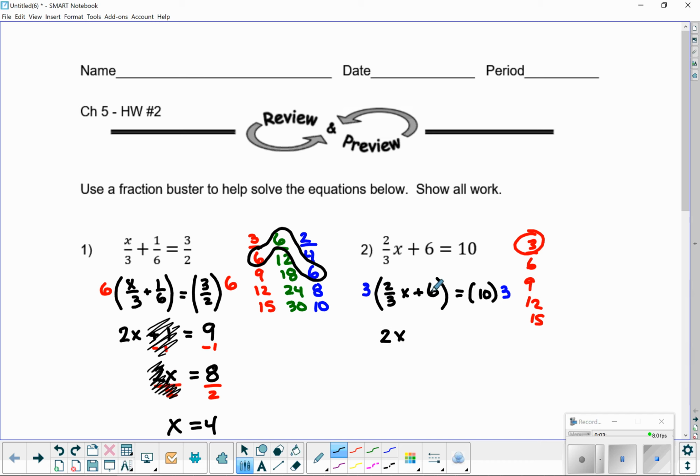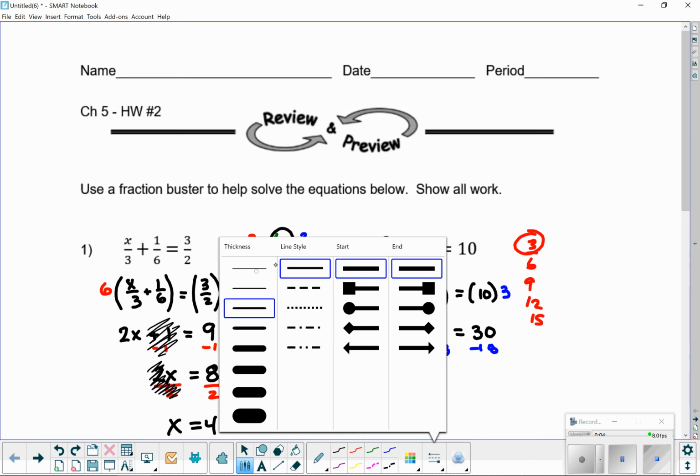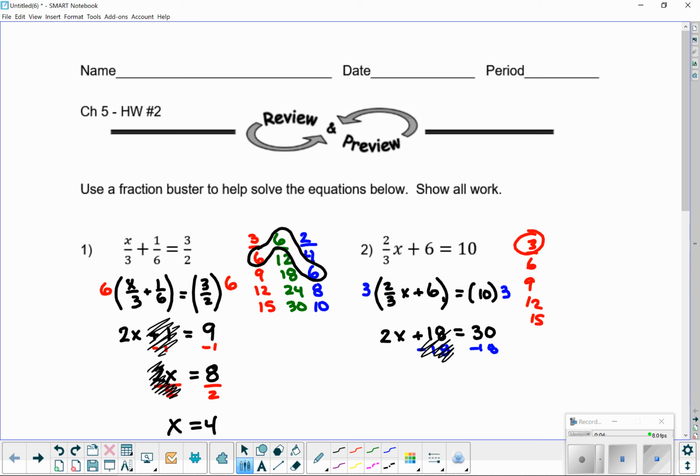Okay, 3 times 6, and there's no fraction here, so there's no dividing. 3 times 6 is 18. And the same thing here, there's no fraction, so there's no dividing. Just 3 times 10 is 30. Okay, you're going to do the work, and you're going to go ahead and subtract 18. Subtract 18, these 18s are going to cancel out. You're going to be left with 2x equals 30 minus 18.